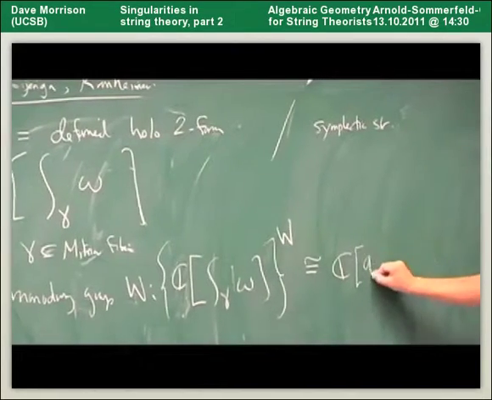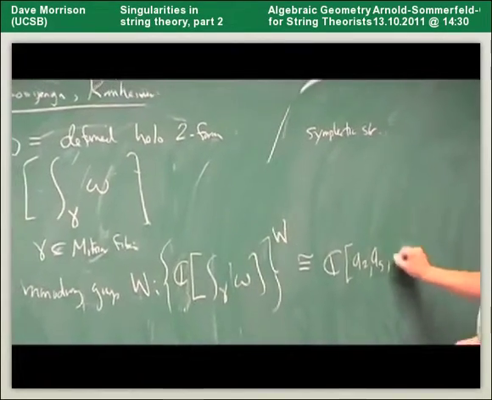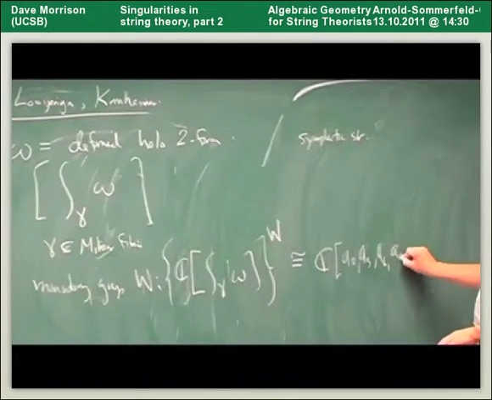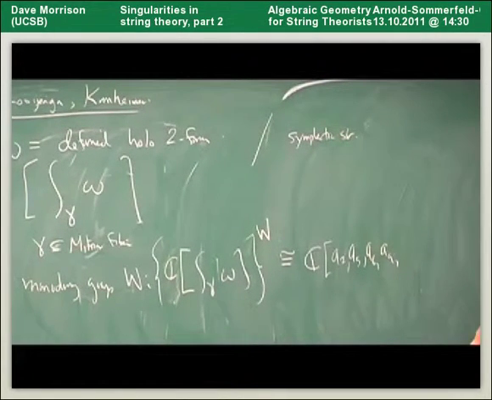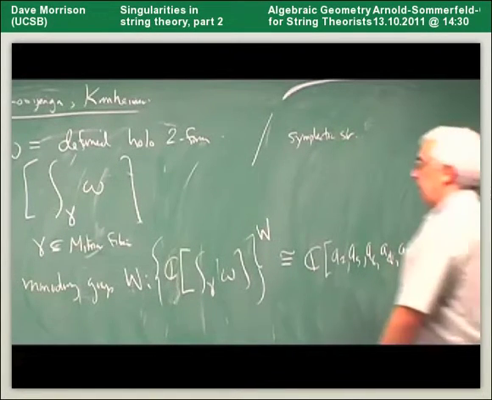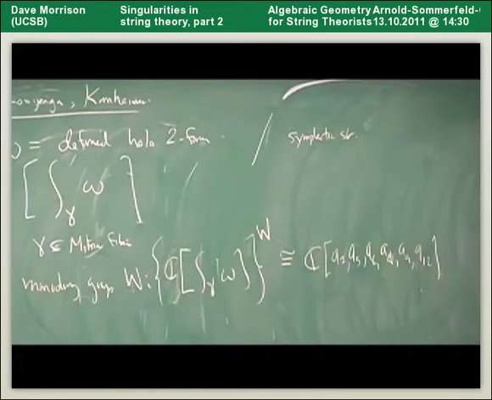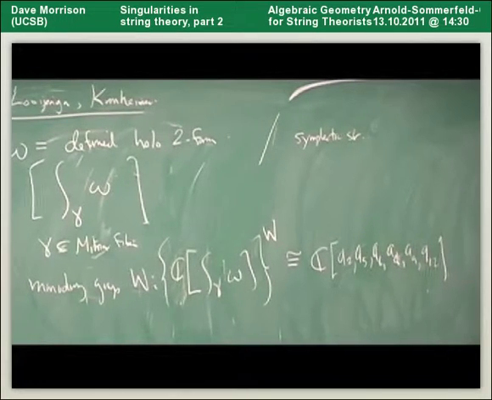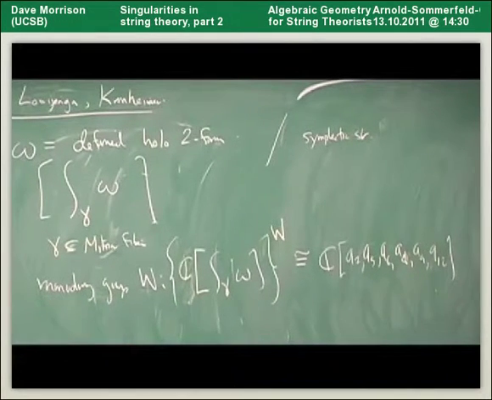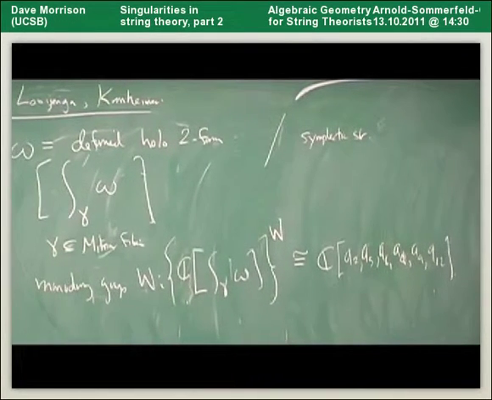I would have ended up with exactly my polynomial ring in 2, 5, 6, 8, 9, 12. I would have ended up with a polynomial ring in exactly these variables. So you can recover this by studying period integrals of these guys modulo monodromy.